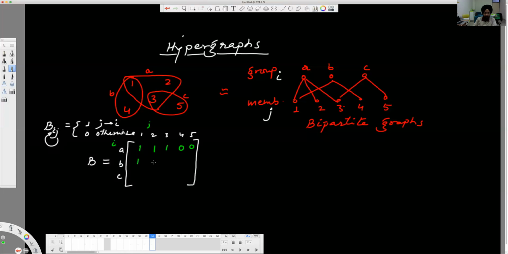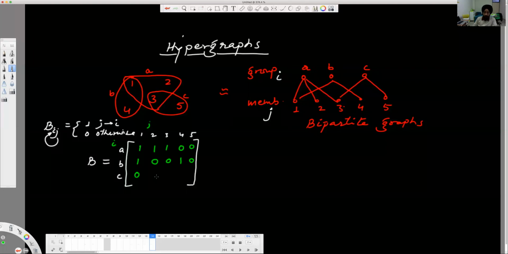And 2 belongs to group B, no. 3 belongs to group B, no. 4 belongs to B, yes. 5, no, right? And then 1 belongs to C, no.